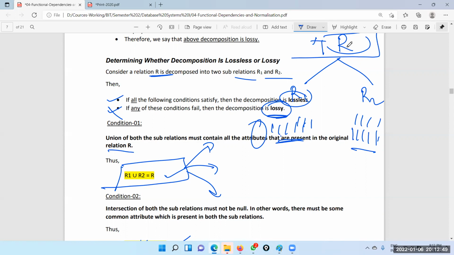So it can't be the case. You cannot have anything more, you cannot have anything less. When you do the union, all the fields that were in the original relation must be in the two relations, and nothing more, nothing less. So that is common sense.